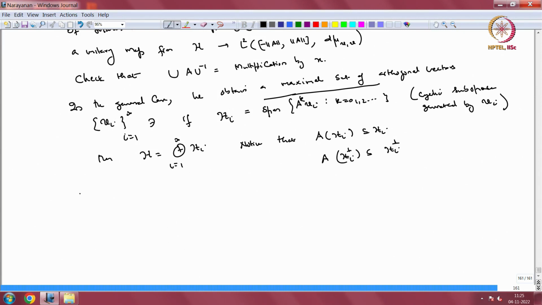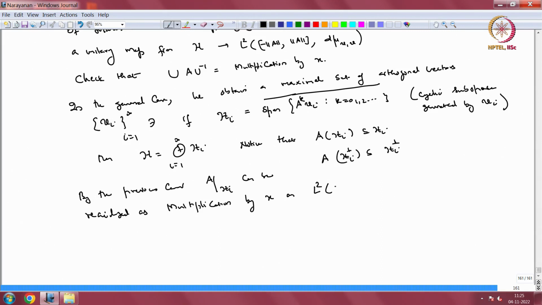So, by the previous case, A restricted to Hi can be realized as multiplication by x on L2 of minus norm A to norm A, comma some measure mu i, right.